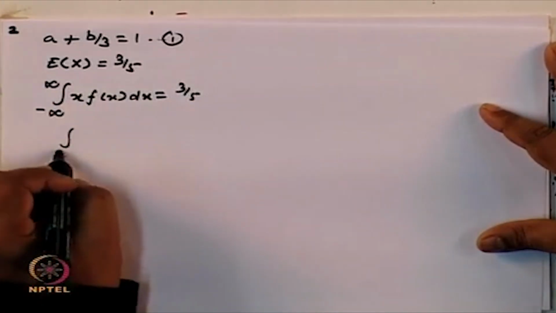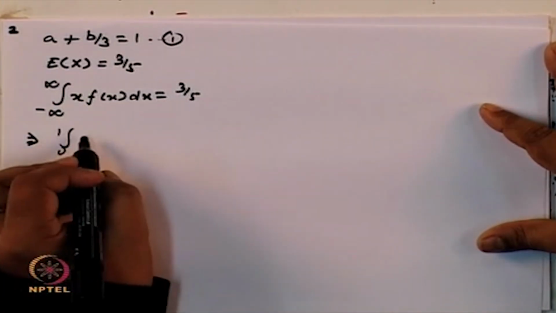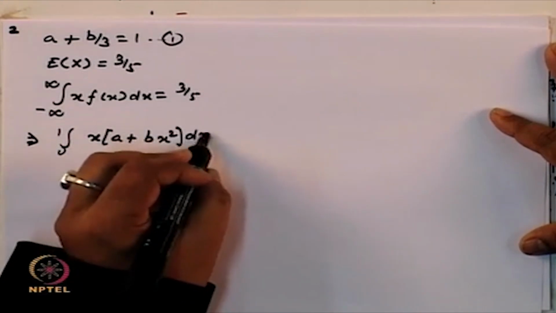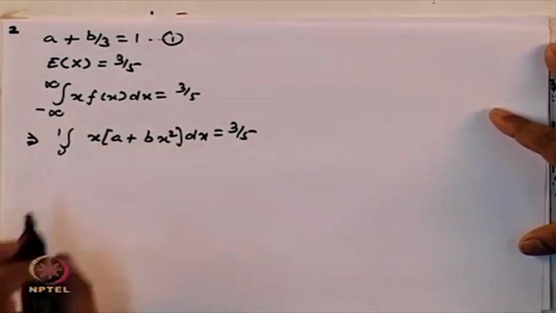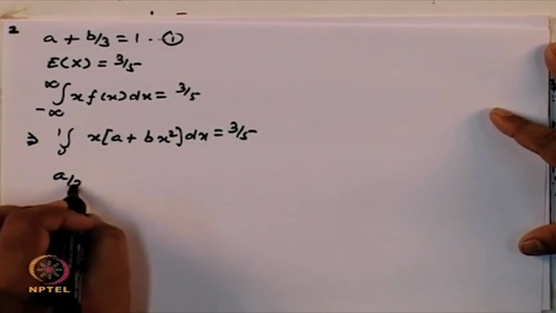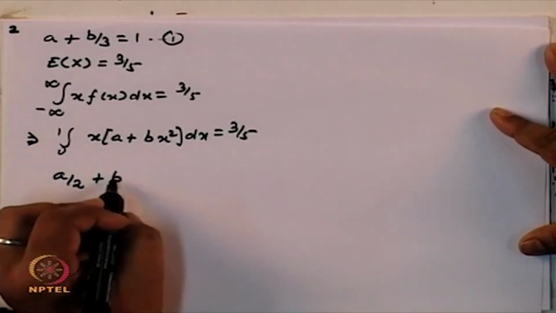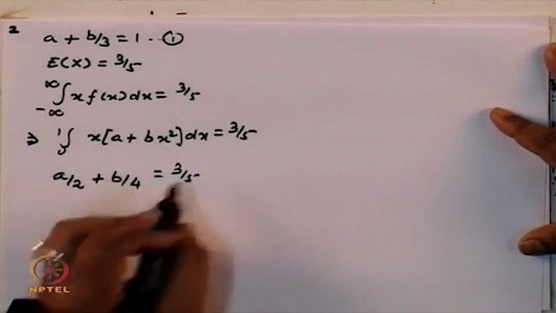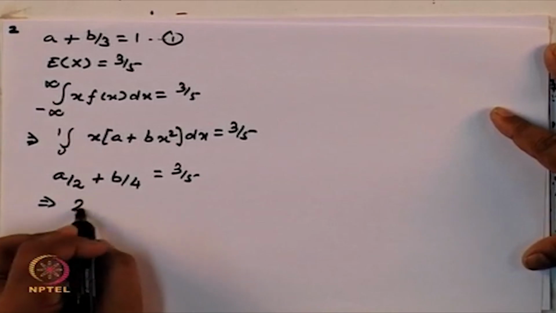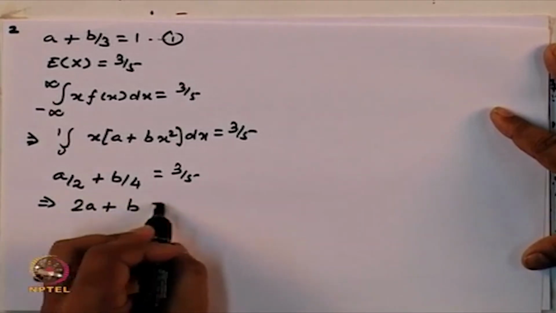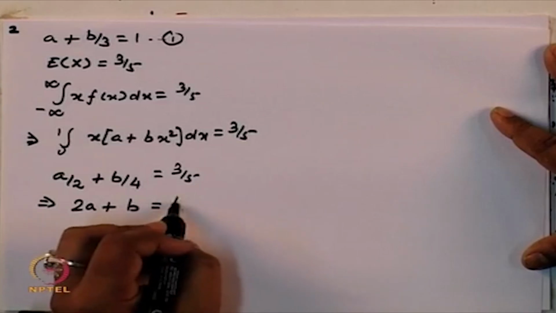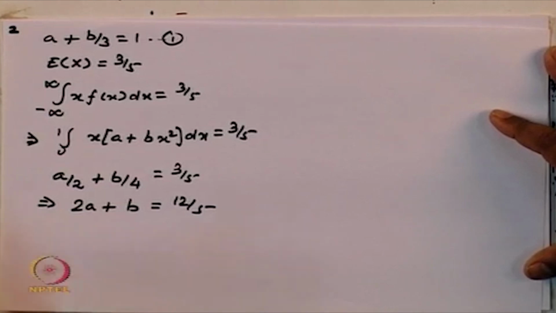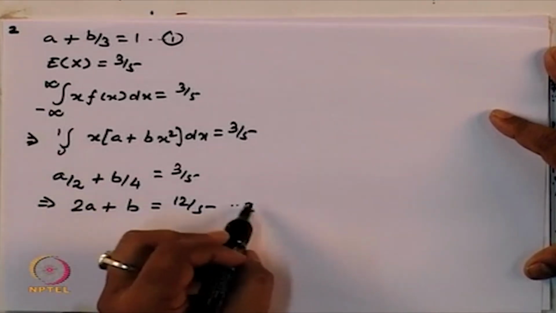So, this will boil down to a by 2 plus b by 4 equal to 3 by 5, implying 2a plus b is equal to 12 by 5. This is equation 2.